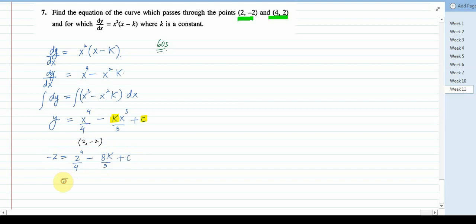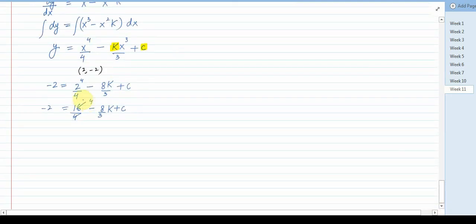So 2 power 4 is what? 2 cubed is 8, 2 to the power 4 is 16. So it's 16 over 4 minus 8 over 3 k plus c. 4 ones are 4, 4 fours are 16. When you shift 4 to the left side, it's minus 2 minus 4 equals minus 8 over 3 k plus c.